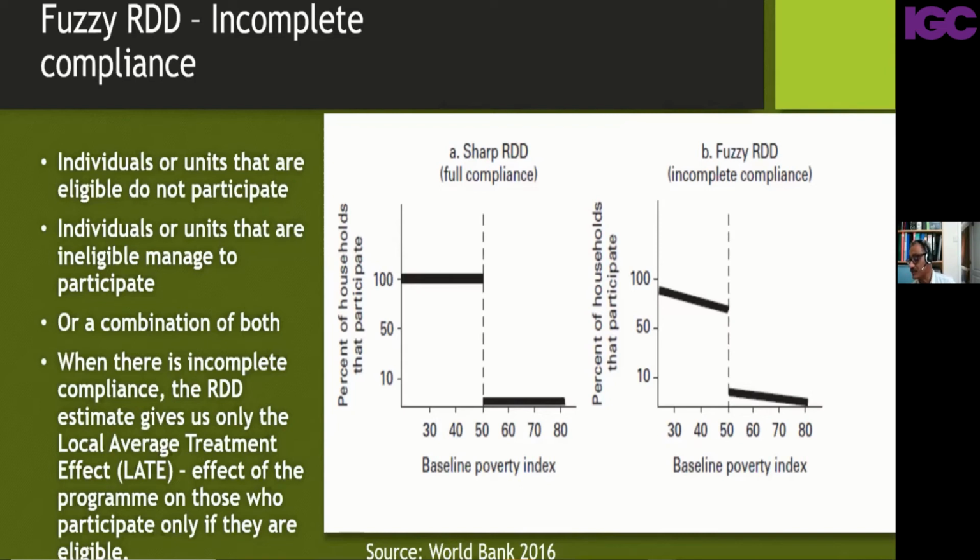So that is one thing to note: when you have incomplete compliance, the estimate that you derive of the effect is actually the local average treatment effect. That is, it is the effect of the program on the compliers, only those who participate if they are eligible. If they are not eligible, they do not participate.